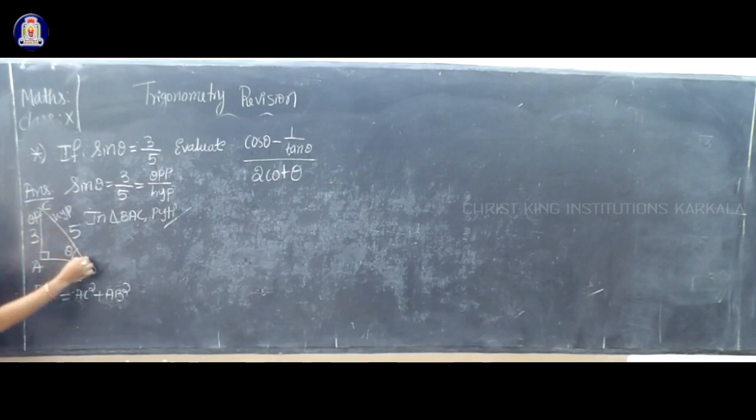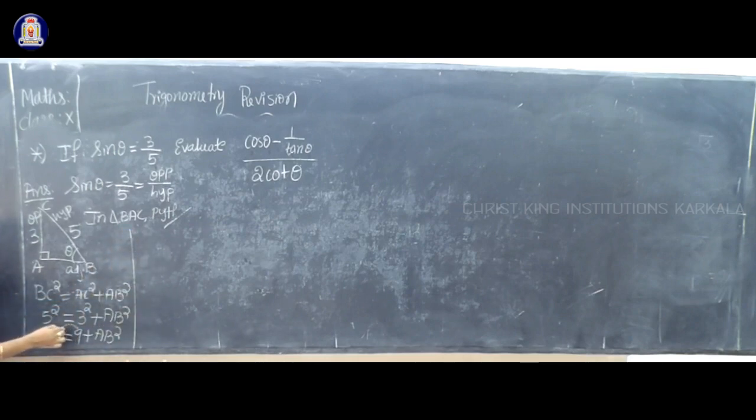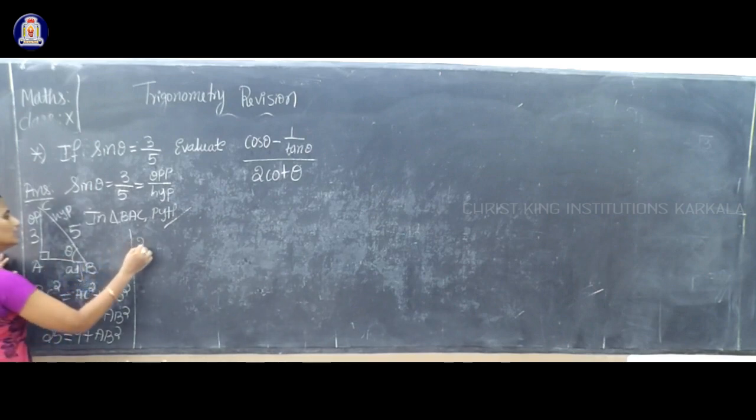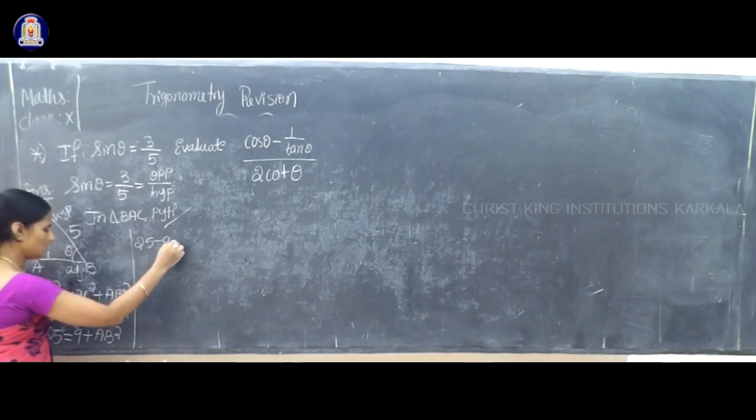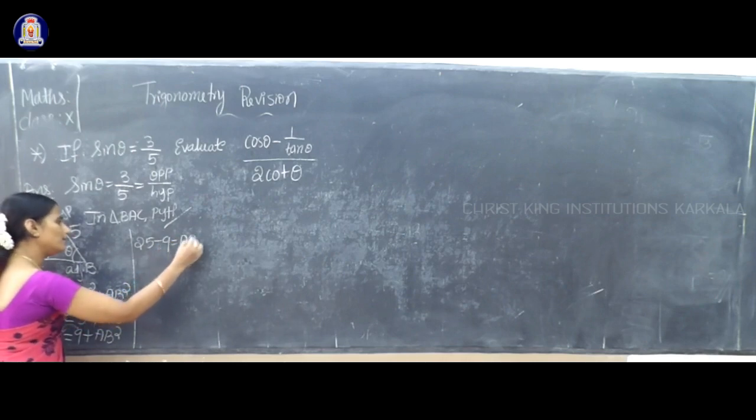So BC square is how much here? 5 square is equal to AC square, which is 3 square, plus AB square, right? Now 5 square is 25, equal to 9 plus AB square. Bring the 9 to the other side. 25 minus 9 is equal to AB square.